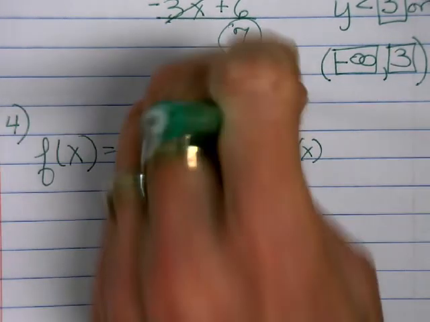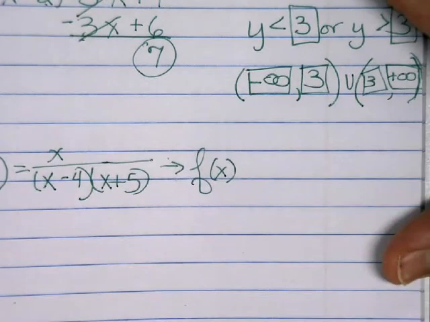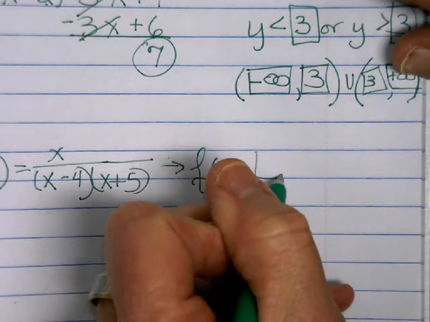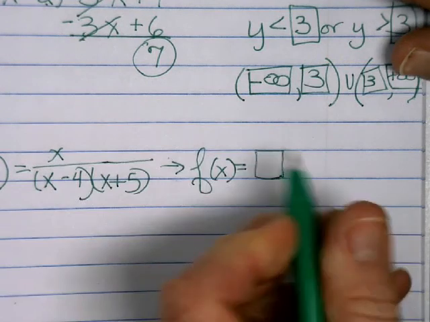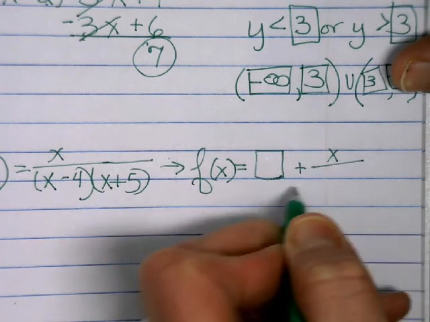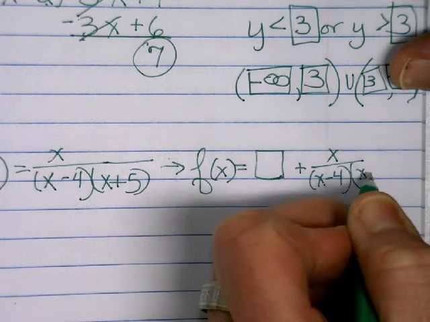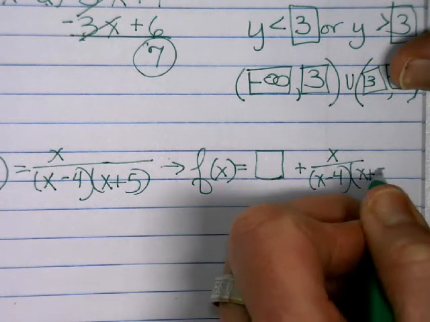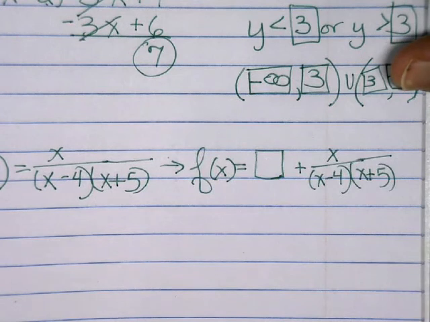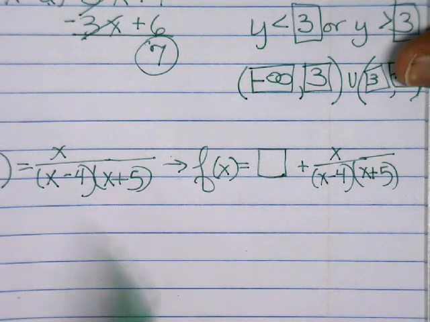And so I want to know what my answer is. I think this is supposed to be an arrow. It points to the answer. They have a blank equals, then they have the original function they gave us, plus 5.